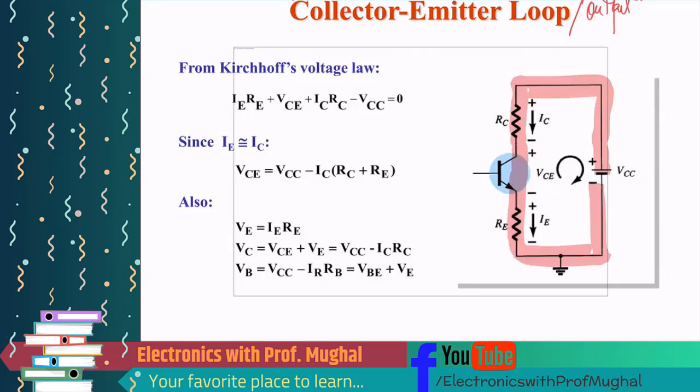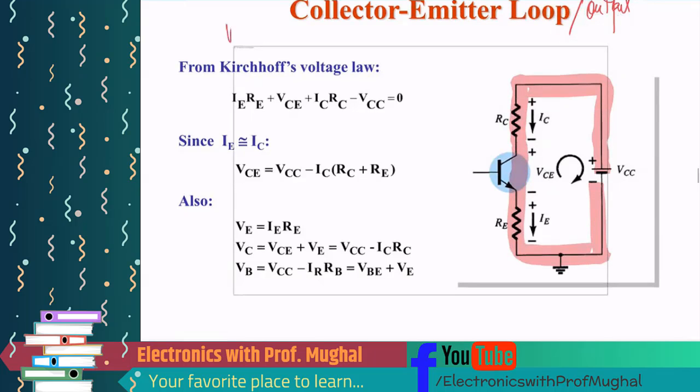Starting from here, VCC, you have VCC minus ICRC minus VCE, which is the voltage across this, and then minus this resistor right here. The current is IE times RE, so IE times RE equals 0.